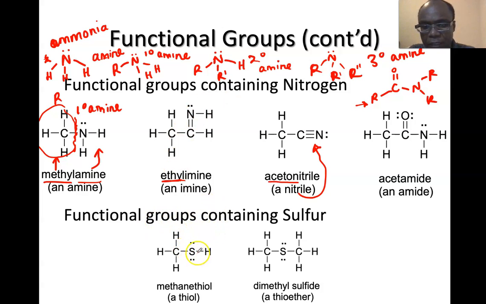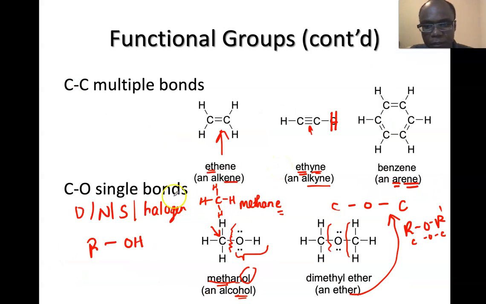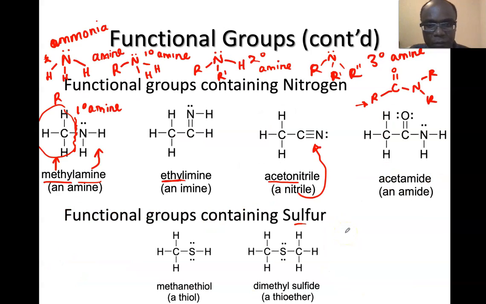Okay, so next you have sulfur containing groups. We've talked about oxygen containing groups, starting from here, oxygen containing functional groups. We talked about nitrogen containing functional groups. Now it's the sulfur containing functional groups. These are thiols, and these thiols are responsible for the foul smell in skunks.